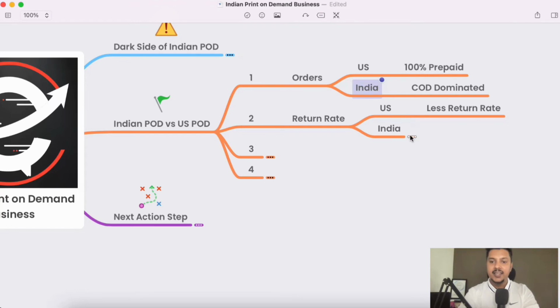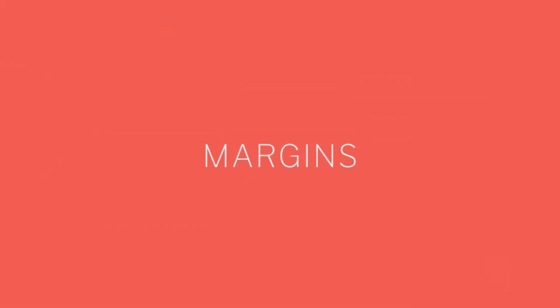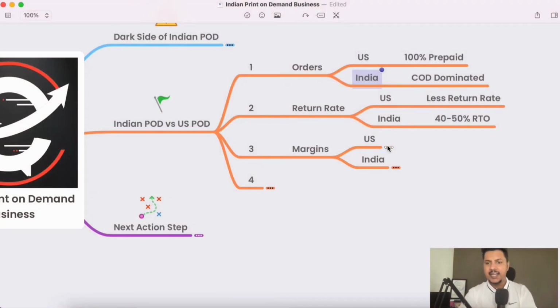But if you look at India, like I said, an average of 40 to 50% is return to origin. That seriousness is not there, because they don't need to pay anything. They need to pay only once they receive the product. And the third one is margins. In the US, the margins are very high.